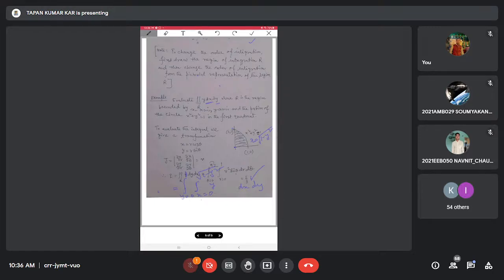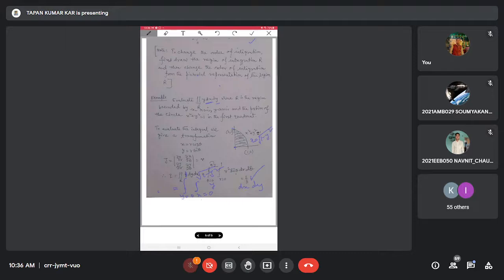But in some problems, it may not be possible. Not possible means very complicated. You may be able to evaluate every integral without the change of variables, but sometimes it becomes truly difficult.